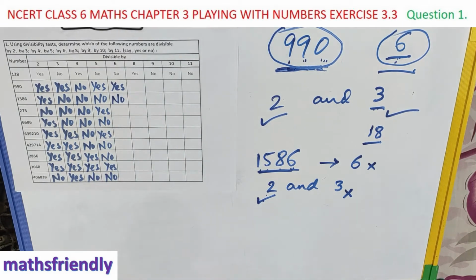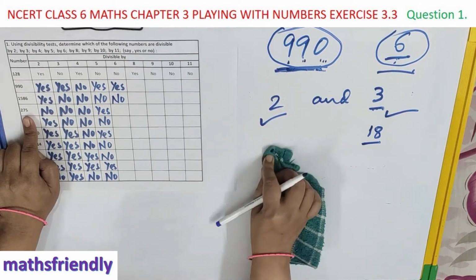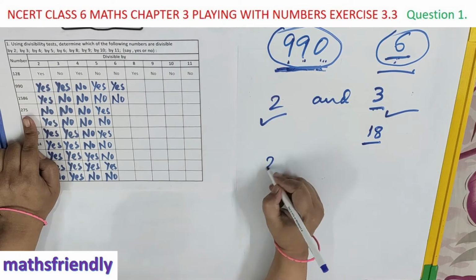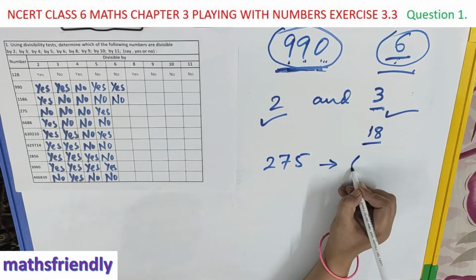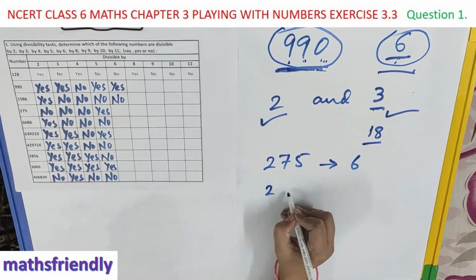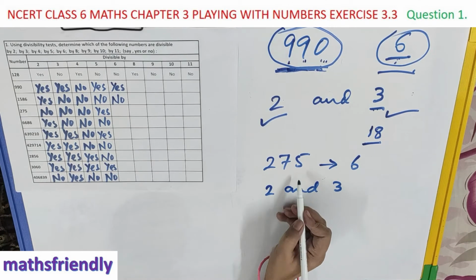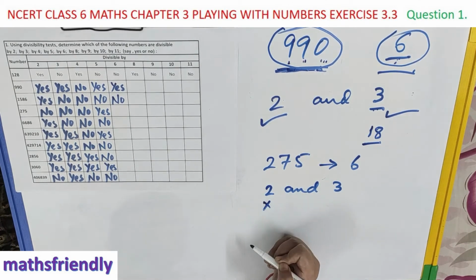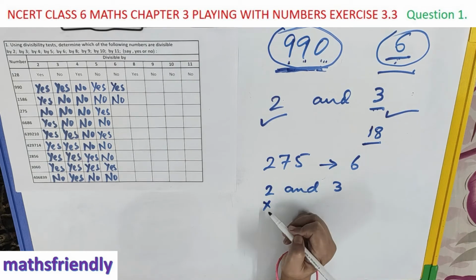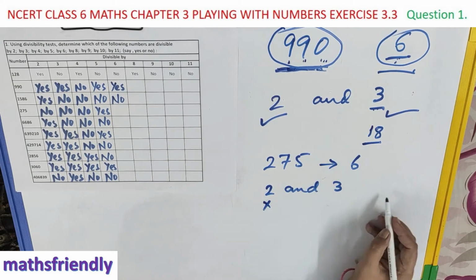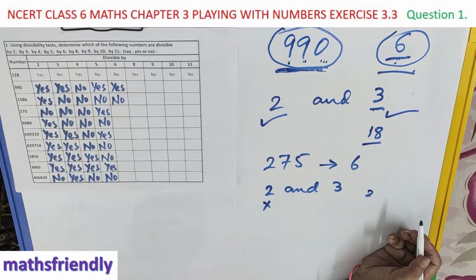Now, what is our next question? The next question is 275. Okay. So, for divisibility by 6, we have to check 2 and 3, whether this number is divisible by 2 and 3 or not. This number is not divisible by 2, because the last digit, the units digit, is not 2, 4, 6, 8 or 0.